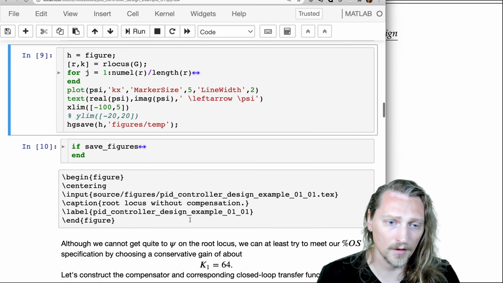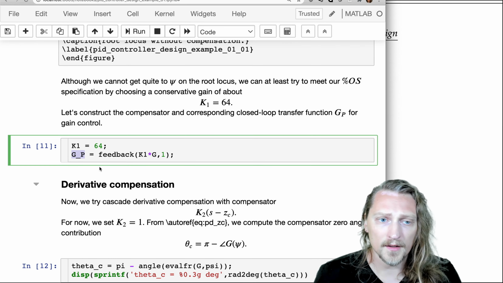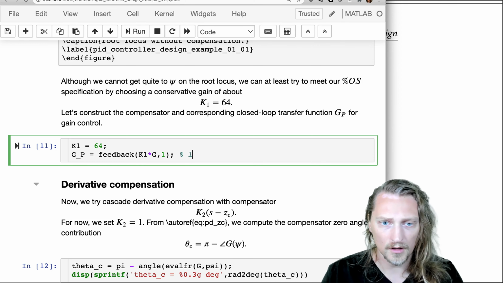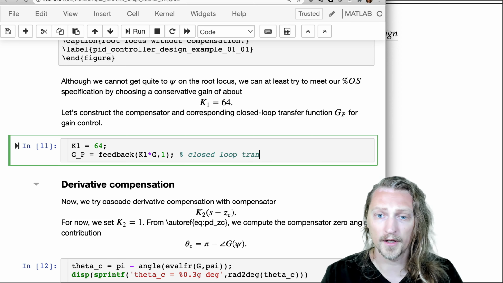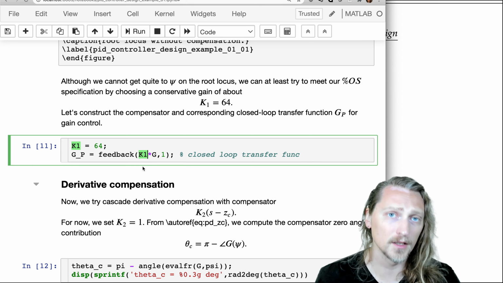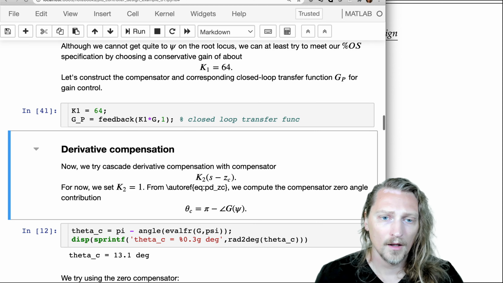So we'll use a gain of 64, and we'll even create a closed loop transfer function with just a proportional controller in there. Okay, so we create that.